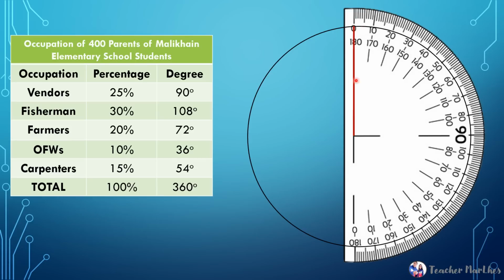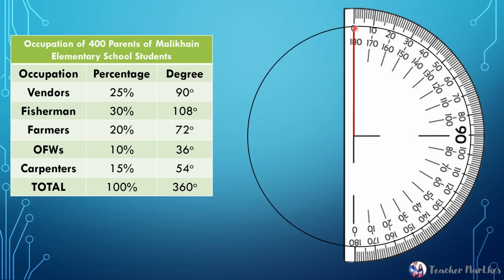Ayan. So, based on the table, ang pinakamalaking part ay fisherman with 108 degrees. So, from 0, so dito po ha, hindi dito sa dulo. So, from 0, dito sa may line na ito, hahanapin natin ang 108. Okay, so dito tayo sa taas titingin, hindi po sa baba.